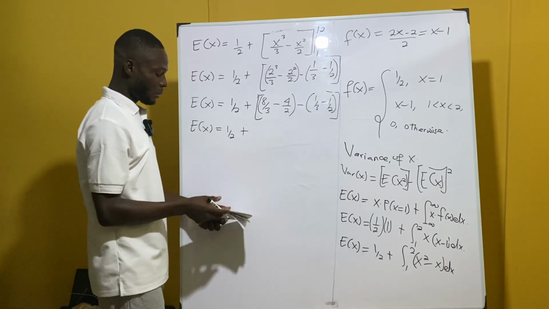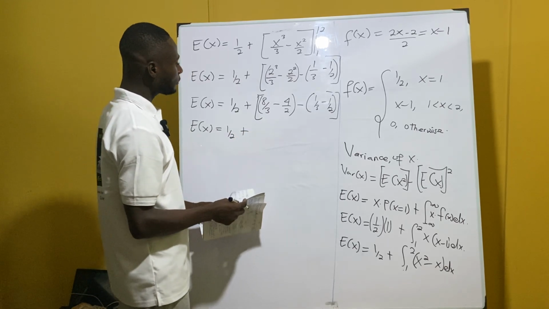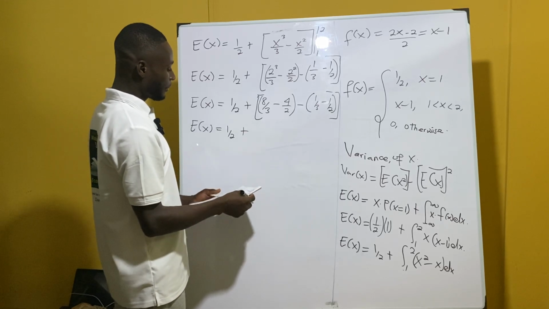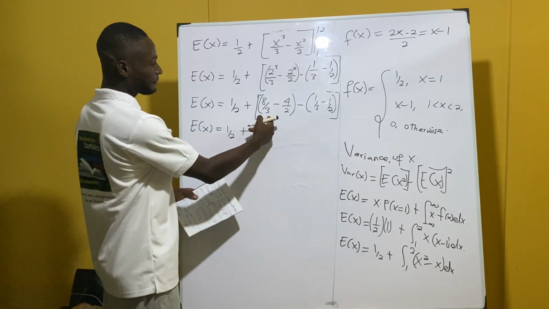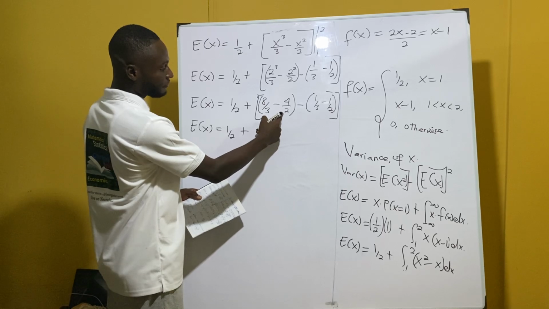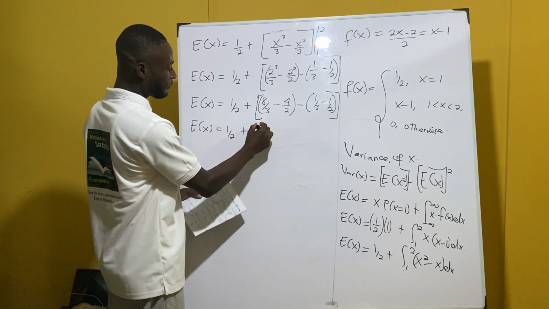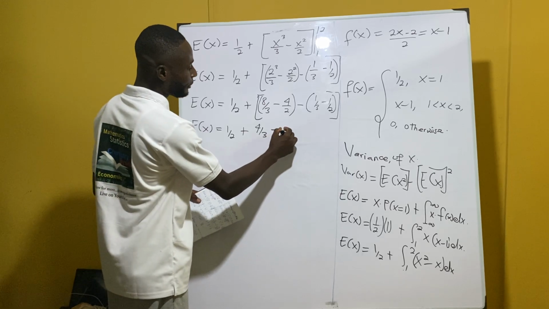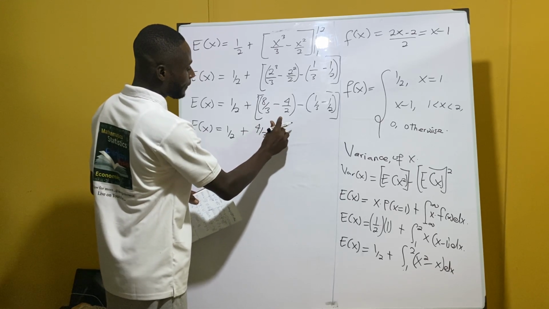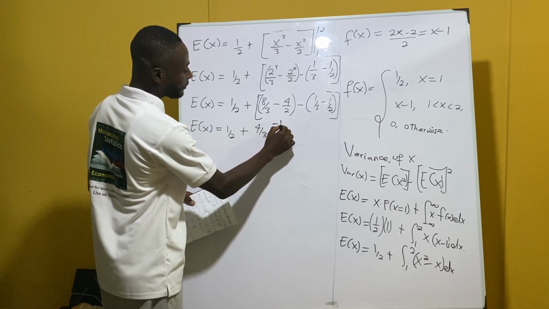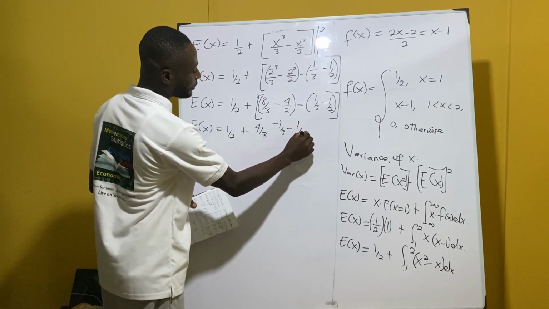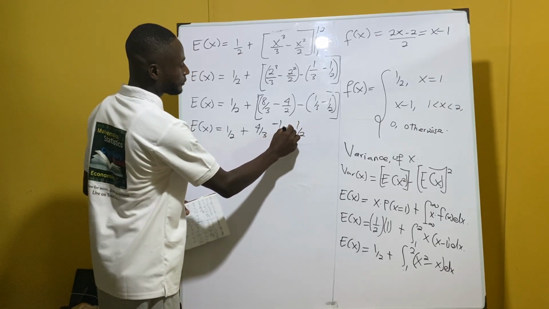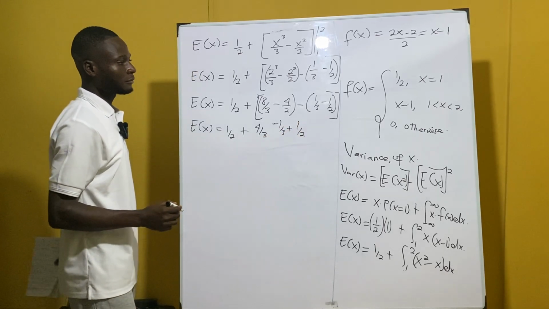When you add up all this, you're going to have 8 over 3 minus 4 over 2, you're going to have 4 over 3, minus 1 over 3 minus 1 over 3, right?